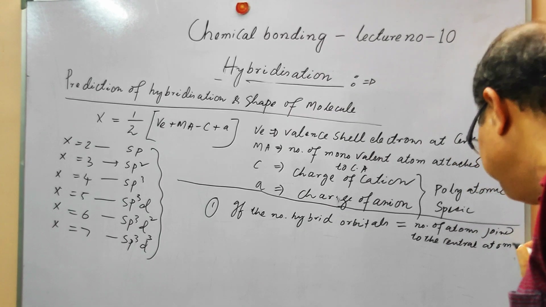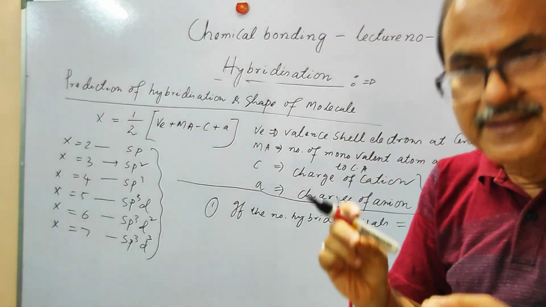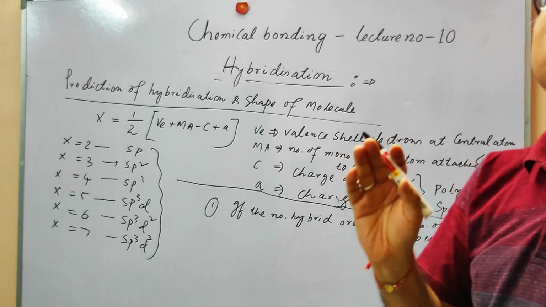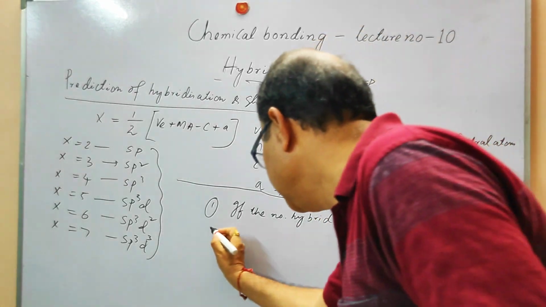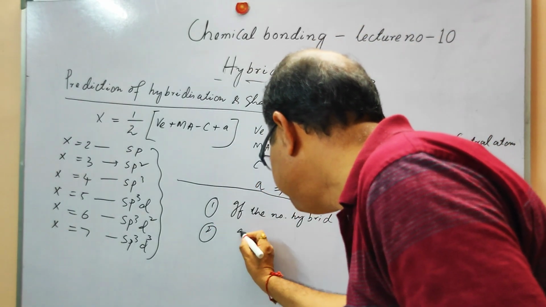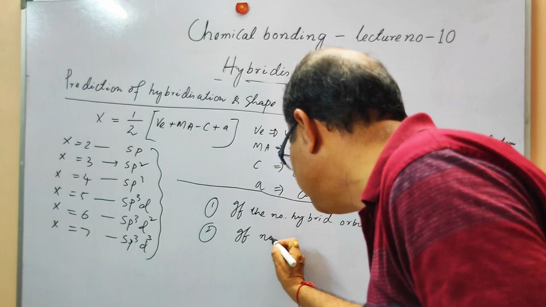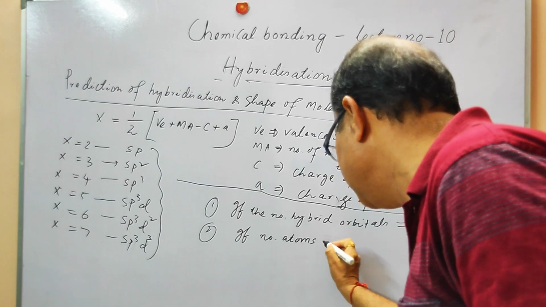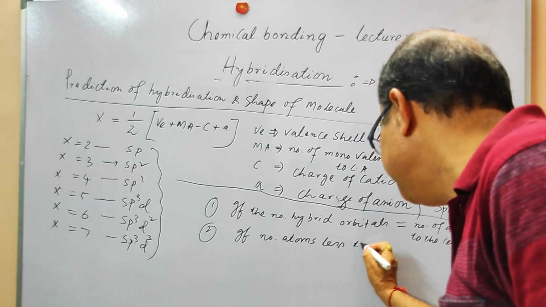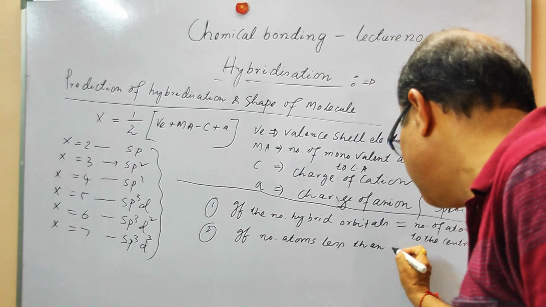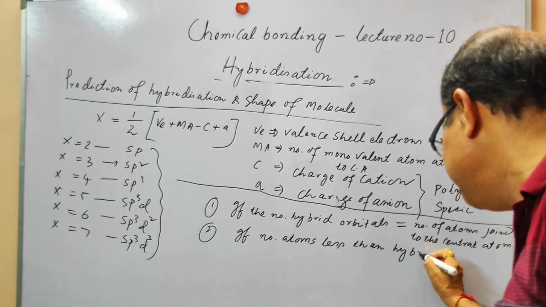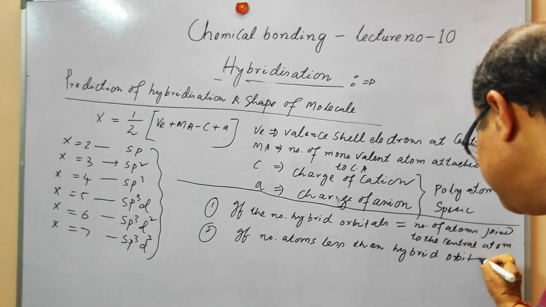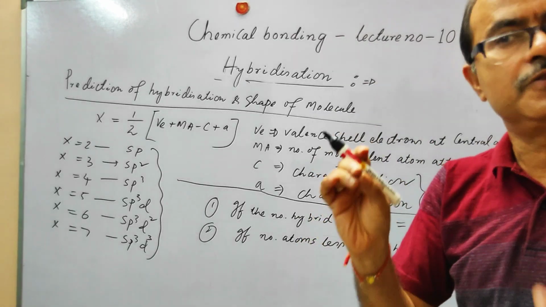Then what is going to happen? Whatever the hybridization comes, as per hybridization, the shape of the molecule will be this. Second point, if the number of atoms is less than the hybrid orbitals, it means there is a lone pair in the hybrid orbitals.